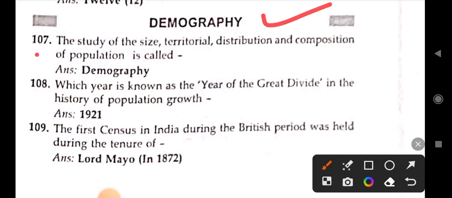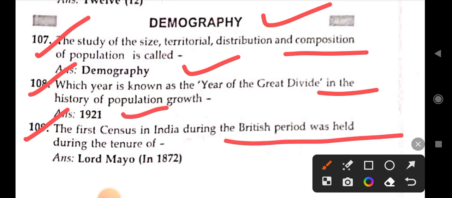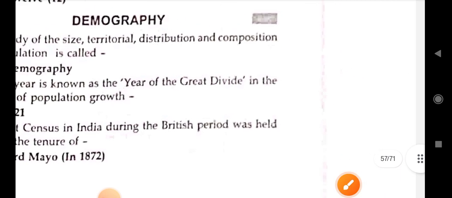Next, demography. The study of the size, territorial distribution and composition of population is called demography. Which year is known as the year of great divide in the history of population growth? 1921. The first census in India during the British period was held during the tenure of Lord Mayo, 1872.